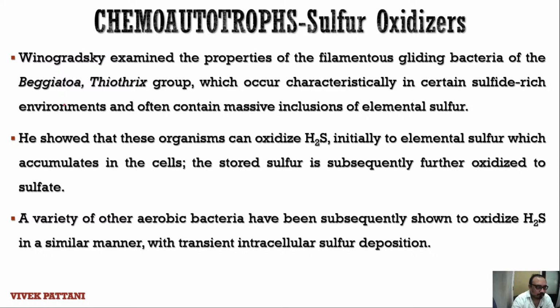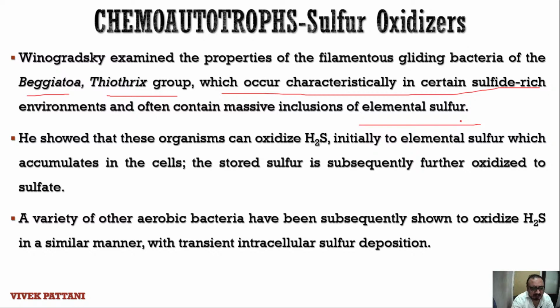Now moving further with the chemoautotrophs. Winogradsky, in addition to the nitrifying bacteria, also studied sulfur oxidizers. He examined the properties of filamentous gliding bacteria such as Beggiatoa and the Thiothrix group, which occur characteristically in sulfide-rich environments and often contain massive inclusions of elemental sulfur.